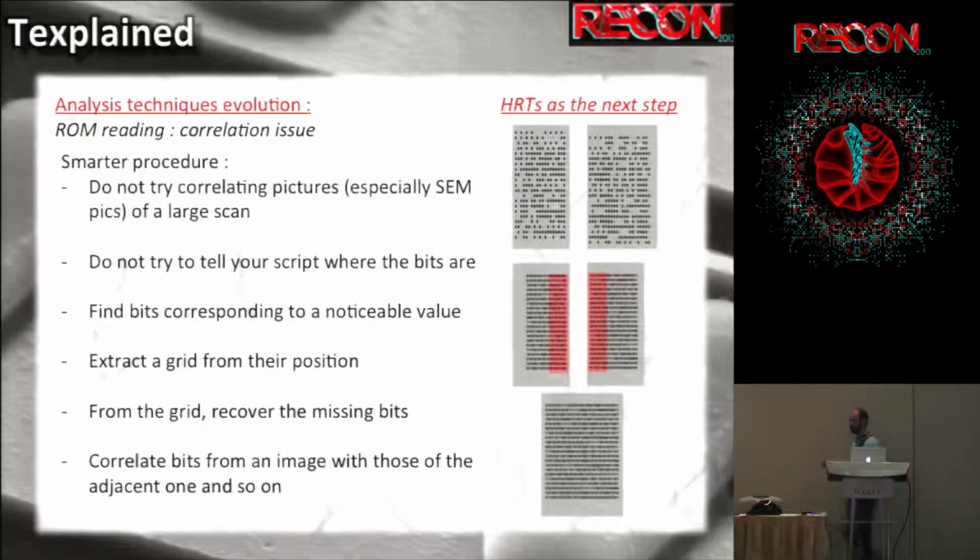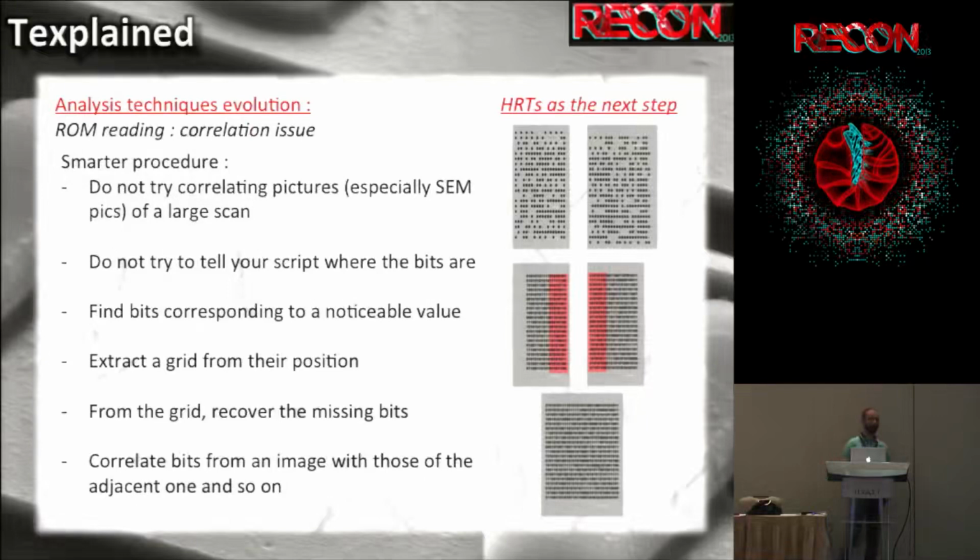You will have the position of all the bits that are white, and from this, you have a grid. If somewhere at the crossing of the grid there is no white spot, it's the other value. So if it was 1, it's 0. Anyway, you have all the bits for one picture, and you do this for the 5,000 pictures.